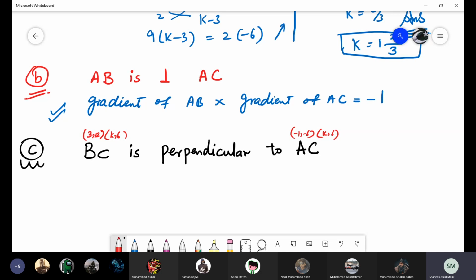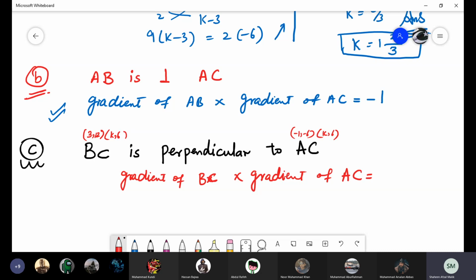So what's the formula? Gradient of BC multiplied by gradient of AC is equal to minus 1.